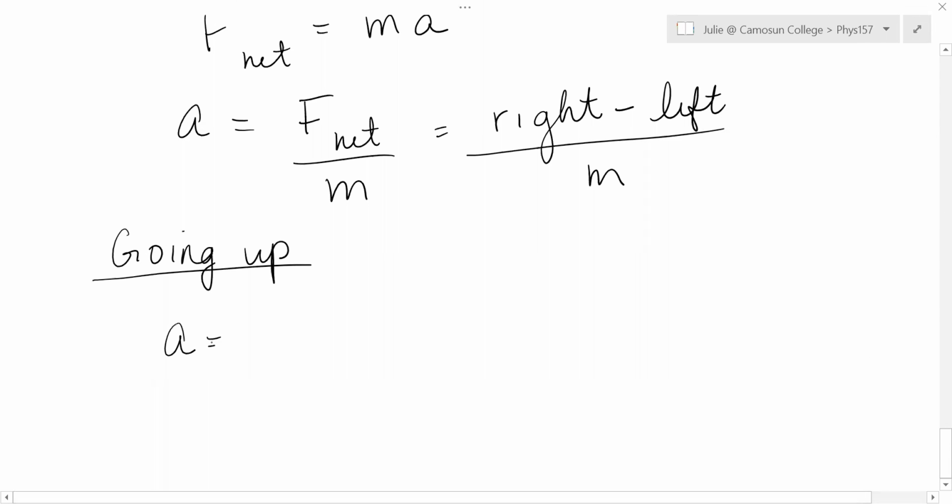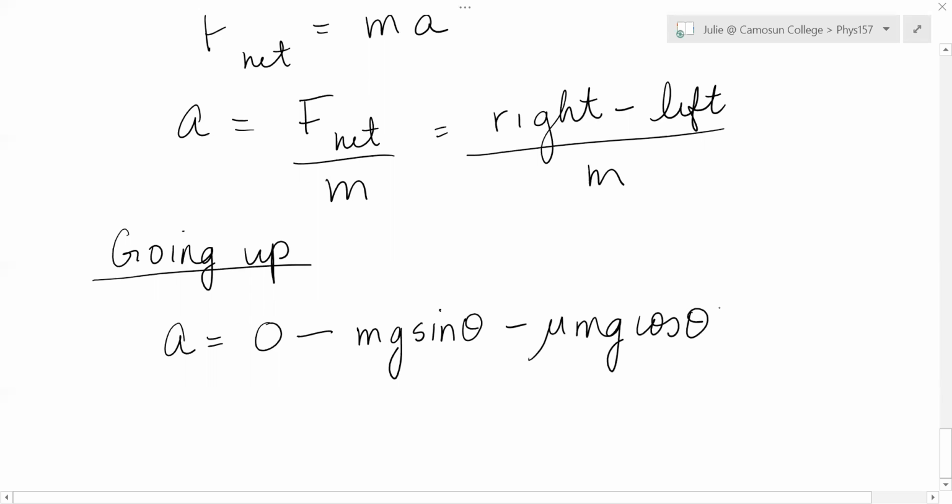The acceleration is, there's nothing to the right. It's going up because it's just like a ball that you throw up. It's going up because it has inertia and it's going to carry on going up unless something stops it. And in this case, it's both the component of gravity downslope as well as friction trying to stop it. There's nothing to the right. To the left, we've got the component of gravity, mg sine theta, and we have the force of friction, mu mg cos theta.